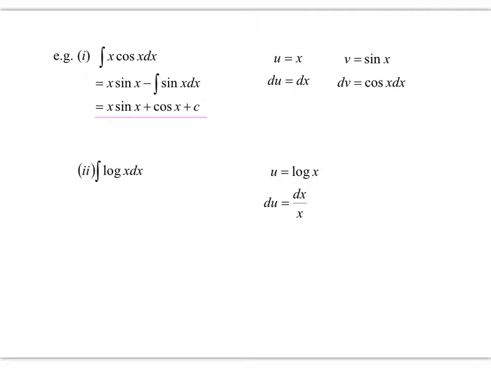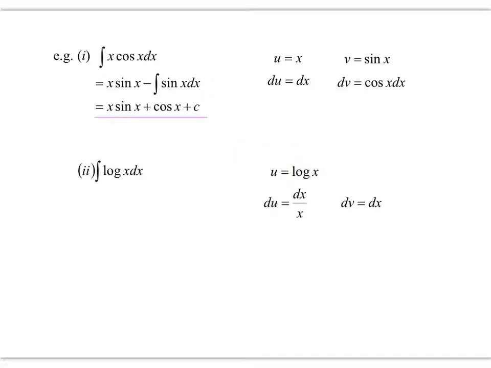So if we choose u to be the thing that we can differentiate, we wouldn't choose log x to be dv because we can't integrate that. That's the question that we're actually doing right now. So choosing u to be log x, and then du/dx is equal to 1 on x, cross multiply, and then we end up getting du is equal to 1 on x times dx.